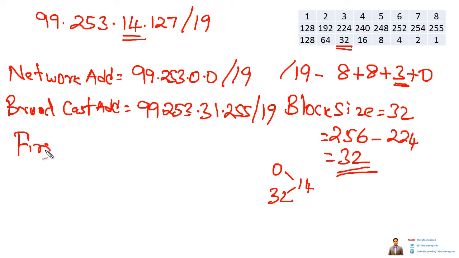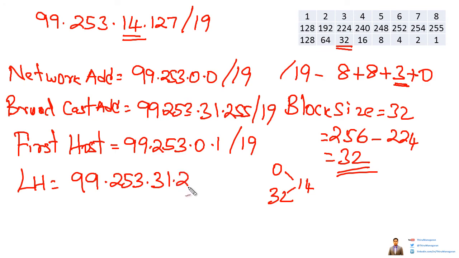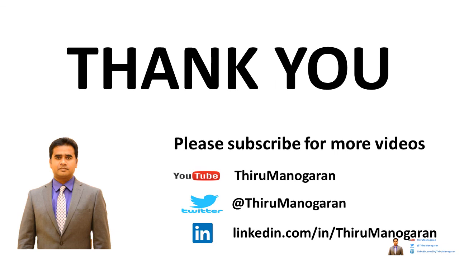The first host is 99.253.0.1. And the last host is one before the broadcast address: 99.253.31.254.